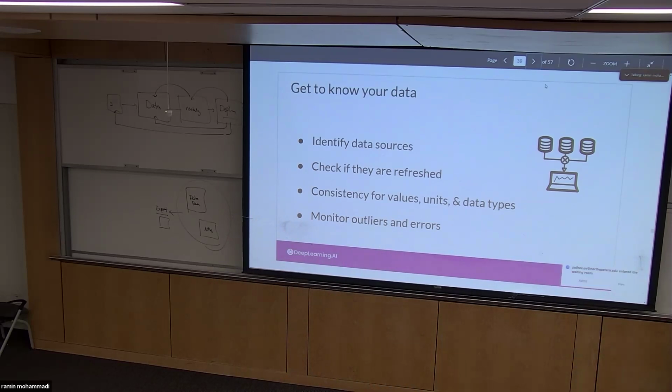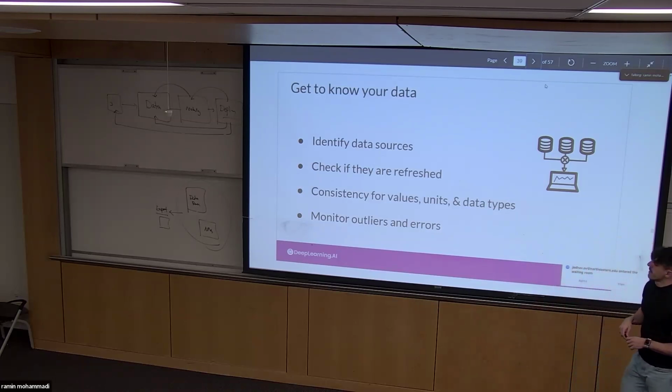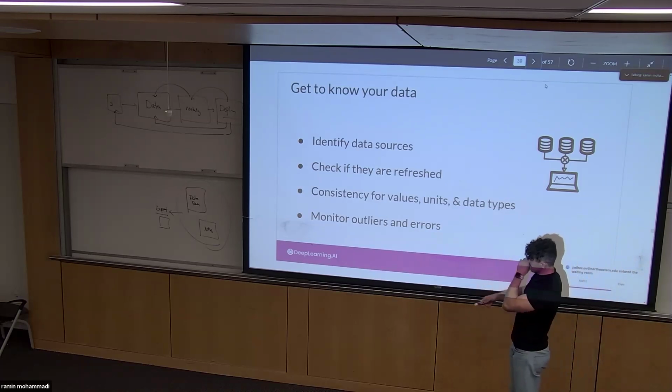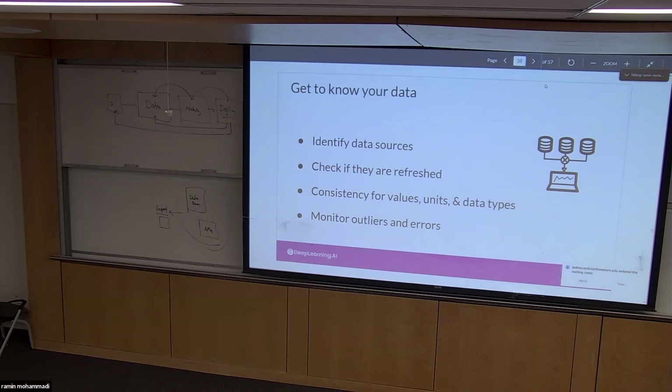It's not just random data that you find online. Again, there are lots of challenges with those types of unknown data. One way is to check how often that data was refreshed. When you're looking at websites to find data, see when was the last time this data was refreshed. Is it really old data? Normally they have timelines, so do you see the tags on when was the last time they added to this data? Check for consistency of values, unique data types, monitor for errors, outliers, this type of thing.